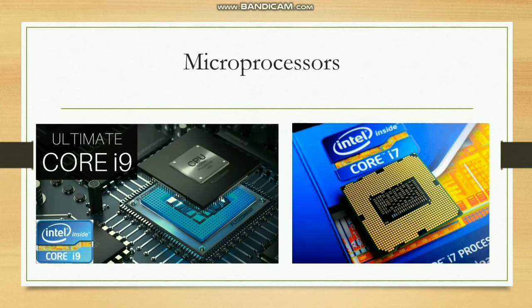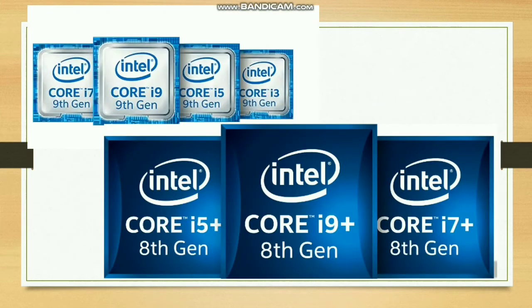These are the latest Core i9 Ultimate microprocessors. Look, the generations of Intel Core are 8th generation and 9th generation processors. Intel was the company who manufactured processors.